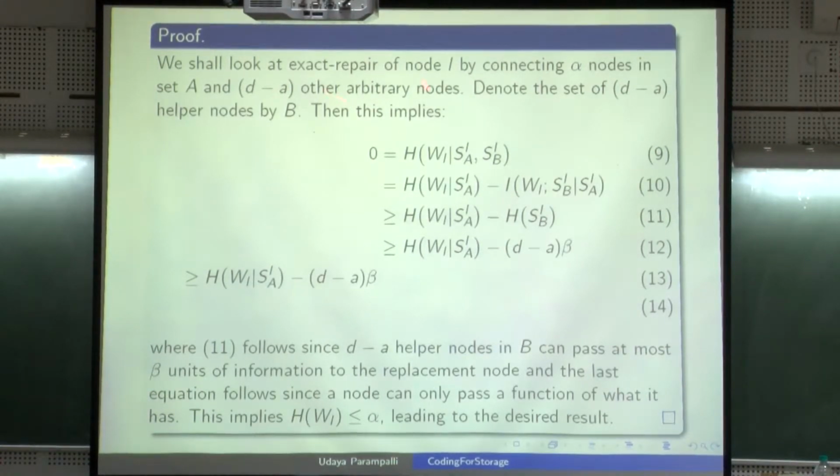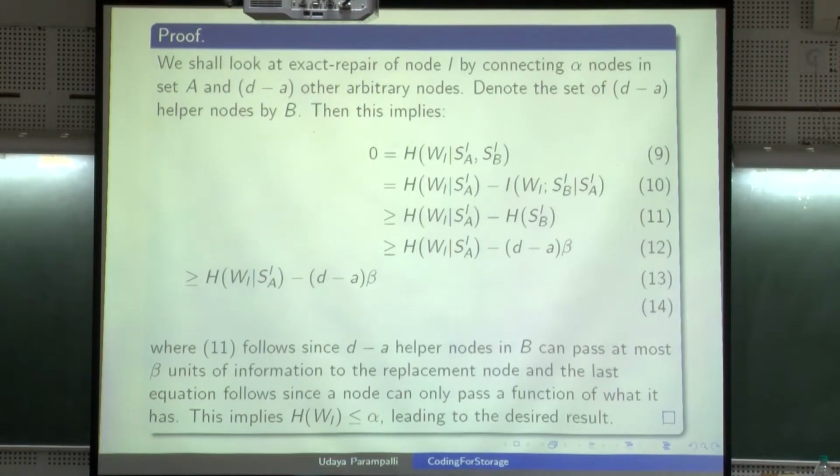So let us look at the exact repair of a node L by connecting to a nodes in set A, and d minus a other arbitrary nodes. Denote the set of d minus a helper nodes by B.